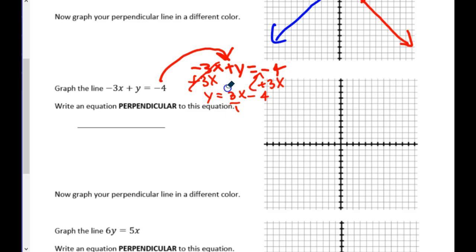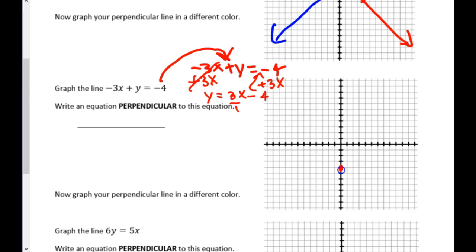Now, when I have mx plus b, what do I graph first, the m or the b? The b for beginning. So the beginning is negative 4 on the y-axis. Let's put a point there. Then my slope is 3 over 1.